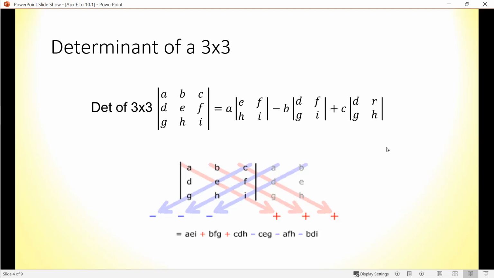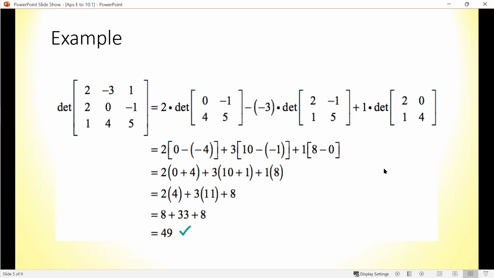Okay. So that's finding the determinant of a 3x3. Let's take a look at a little example. I've actually got one example for each method. So if we have this 3x3 matrix, we take the first element, 2, and we multiply it by the determinant of that remaining 2 by 2 matrix when we cross out its row and column.